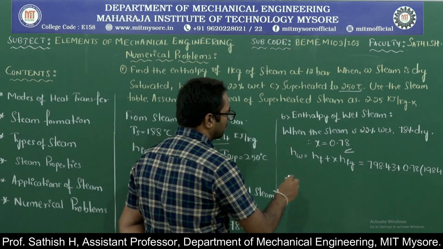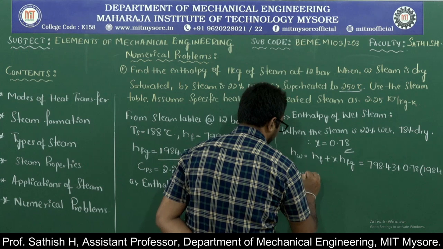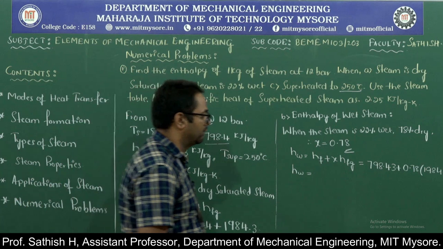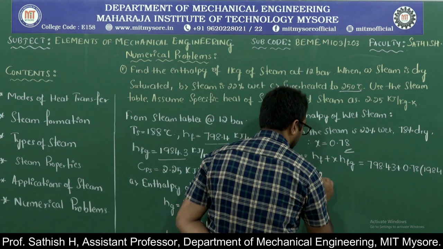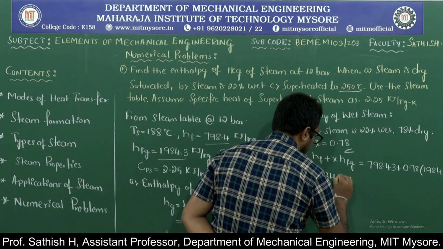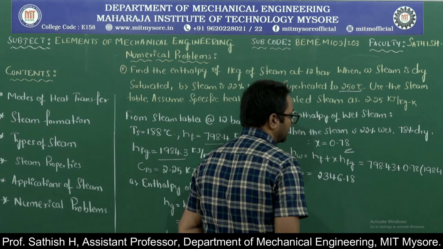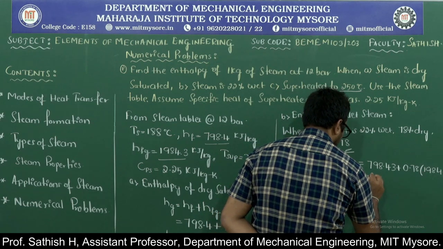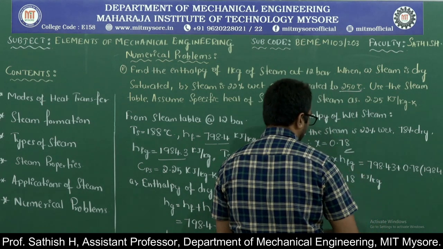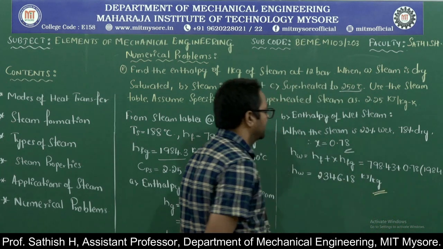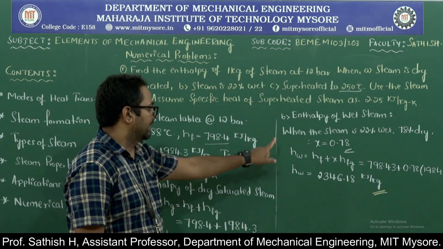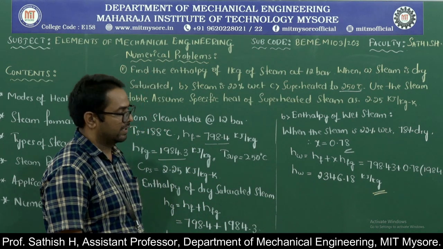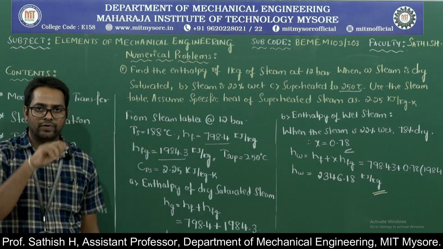If you put it into the calculator and solve this, you will get the value as 2346.18 kilojoules per kg. This is the answer, the enthalpy of the wet steam, the second unknown we have found out.